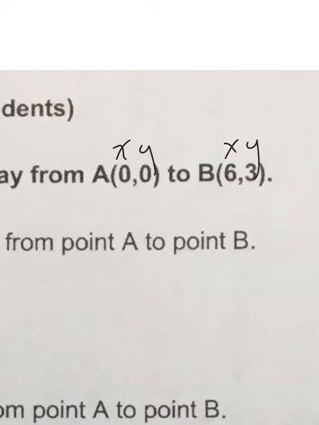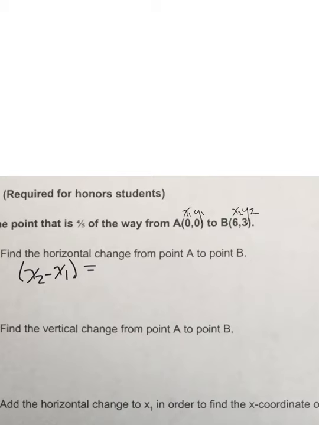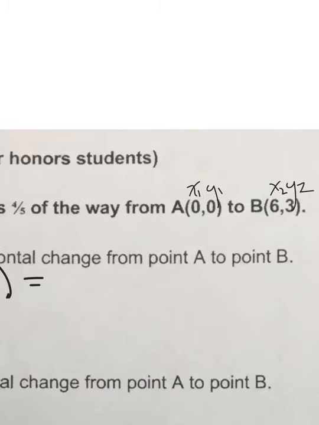Since we're going from A to B, A is our first point. So this is my x1, y1, and the B is my x2, y2. So if I do x2 minus x1, that's going to give me 6 minus 0.